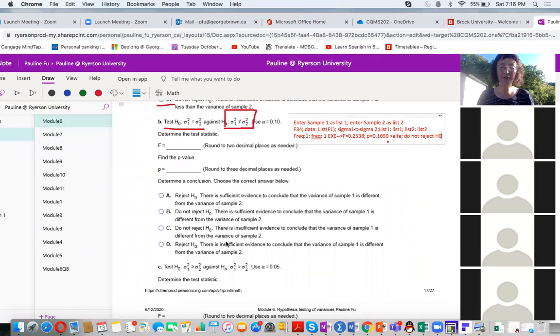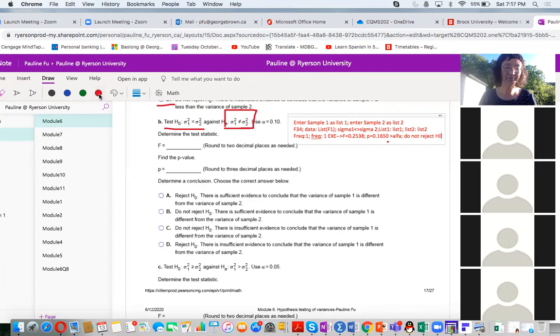And then you have to make your choice, A, B, C, D. Which one has do not reject, B and C. B said there is sufficient evidence sample 1 is different from sample 2. C said there's insufficient evidence that sample 1 is different from sample 2.